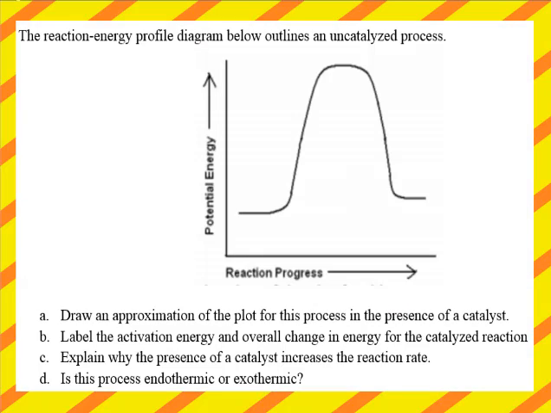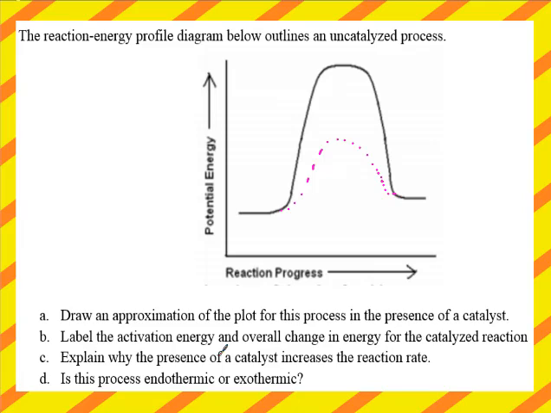And finally, pause the video and answer these 4 questions. Restart when you're done. So if you are adding a catalyst, you should start and end at the same spots. It's just going to have a lower hump because it has a lower activation energy.